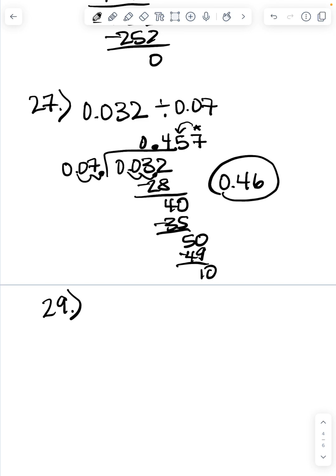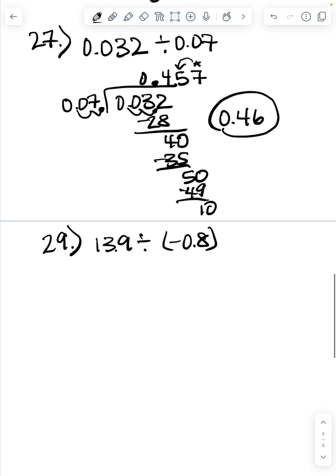Number 29. We have 13.9 divided by negative 0.8. All right, so we've got 13.9 divided by 0.8. My answer is going to end up being negative. Move my decimal over, bring it up.